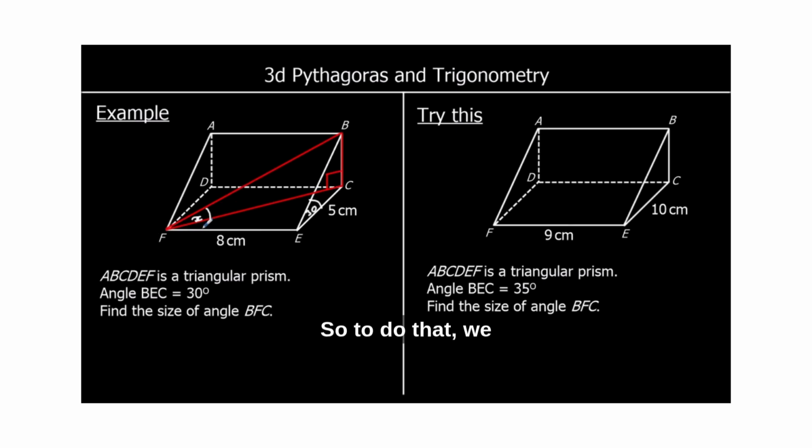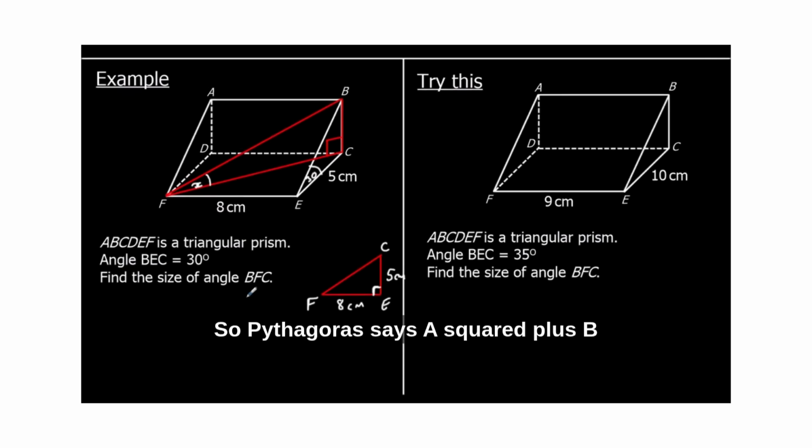So to do that, we can use Pythagoras to find C to F. So we have our right angle triangle FEC. So we have F, E, and C. Got a right angle here. We know E to C is 5 centimeters, and F to E is 8 centimeters. So we can use Pythagoras to find F to C. So Pythagoras says a squared plus b squared equals c squared.